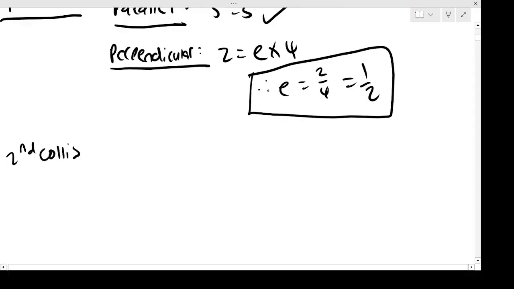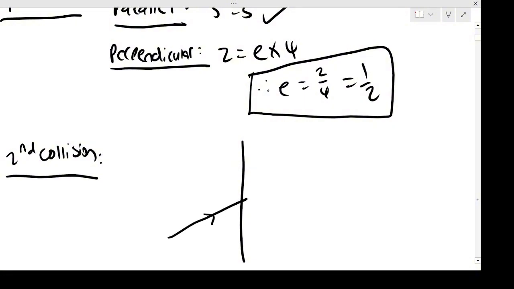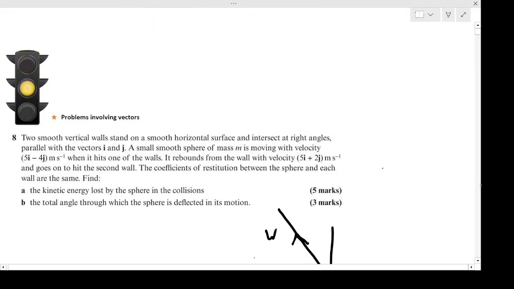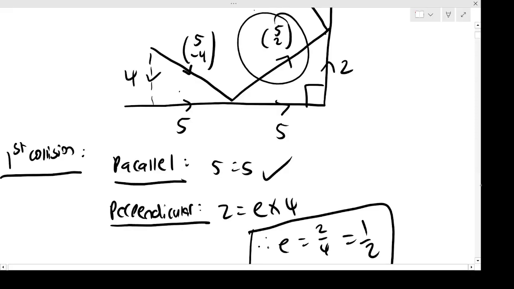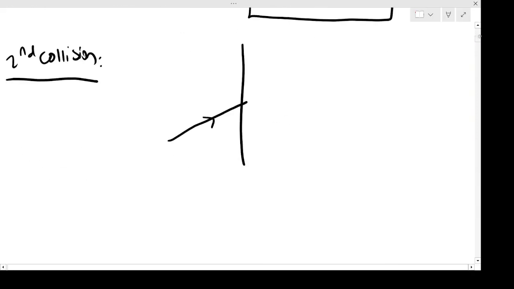Great. Then I'm going to now consider the second collision, and I'm going to just draw out the second collision by itself. Remember, we're just colliding with the vertical wall now. It's going to approach the wall, the second wall, with this velocity 5i + 2j, then rebound with some velocity w. If I split up my components again, we're going to go across, then up, then across like that.